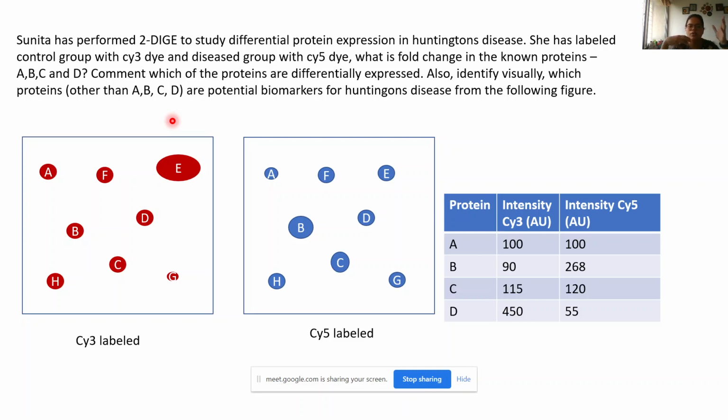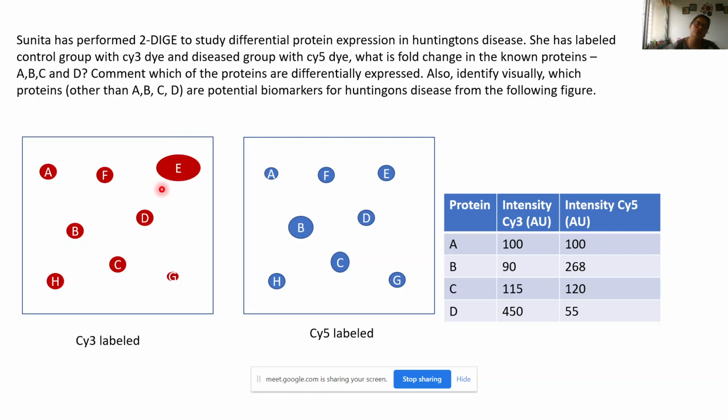You label your control sample with one kind of dye, and your treated or disease sample with another kind of dye. Then you will see the fluorescence at the different wavelengths particular to each dye, and see the expression.